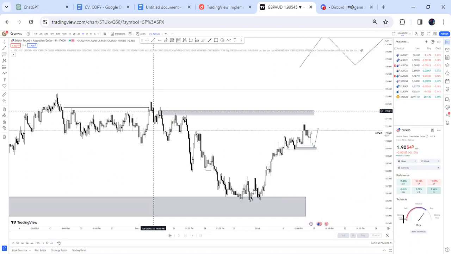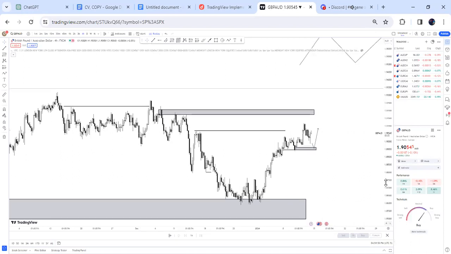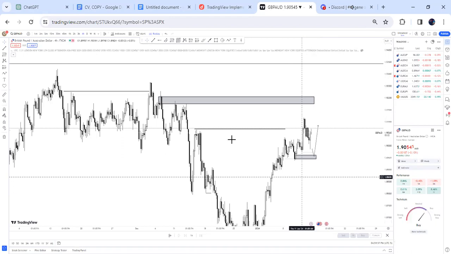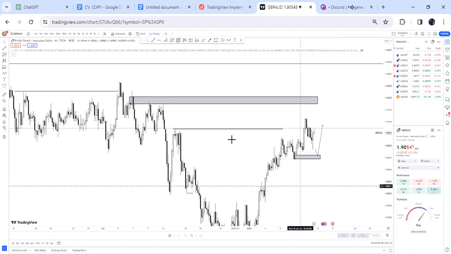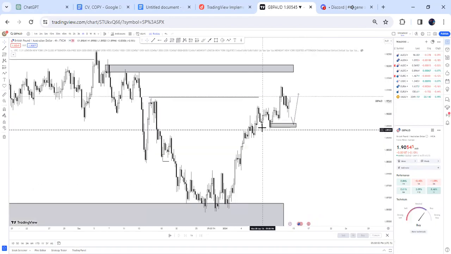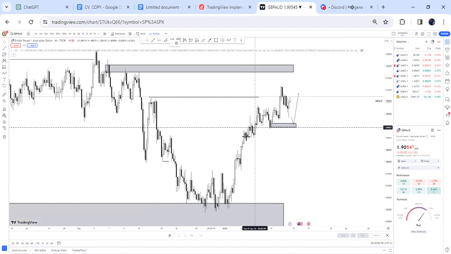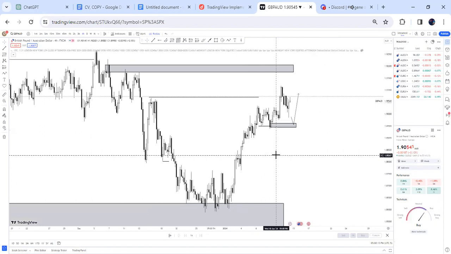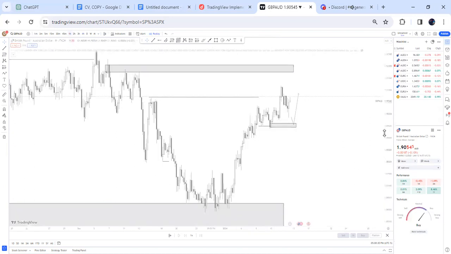Now on the 4 hours, what am I seeing? I am still seeing a little bit of bullishness on the 4 hours. So weekly is bearish, daily is bullish, 4 hours is bullish. 1 hour is also still very much bullish.